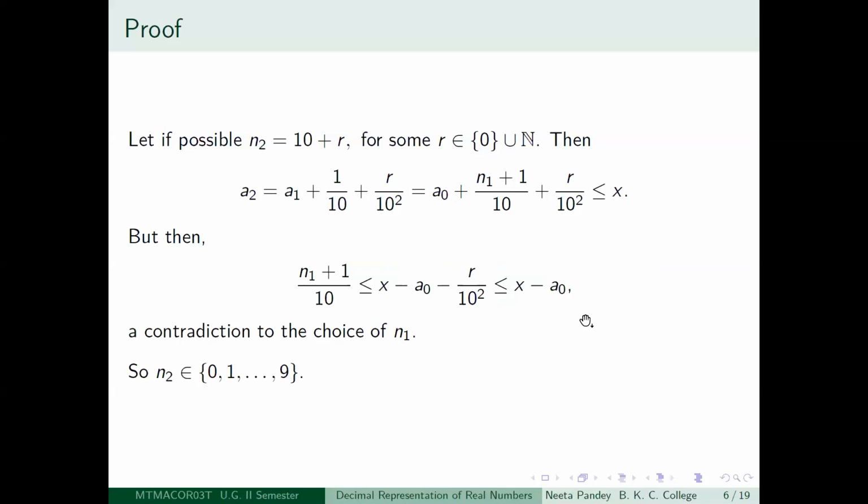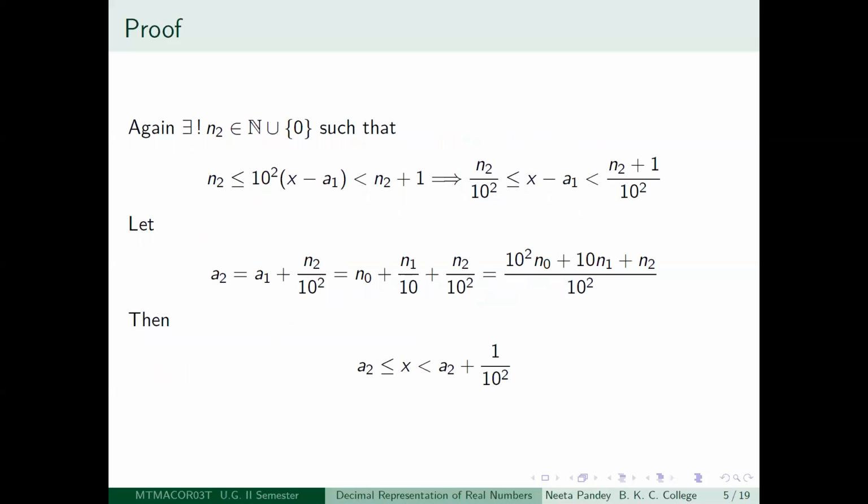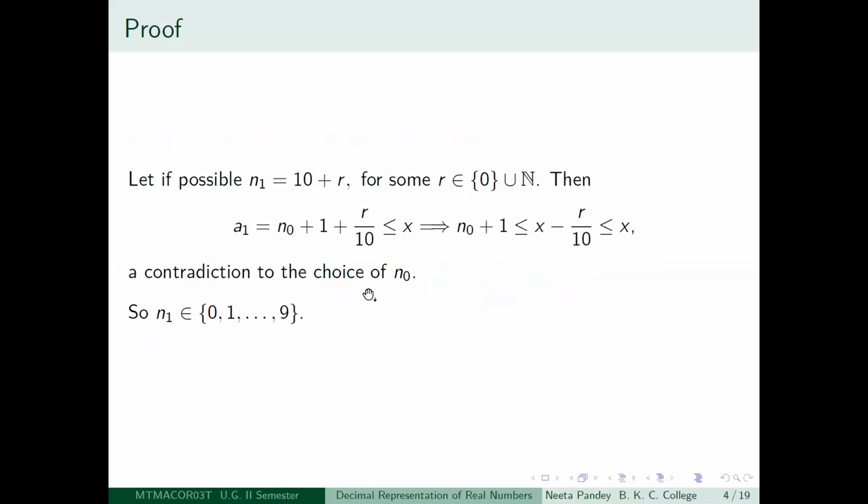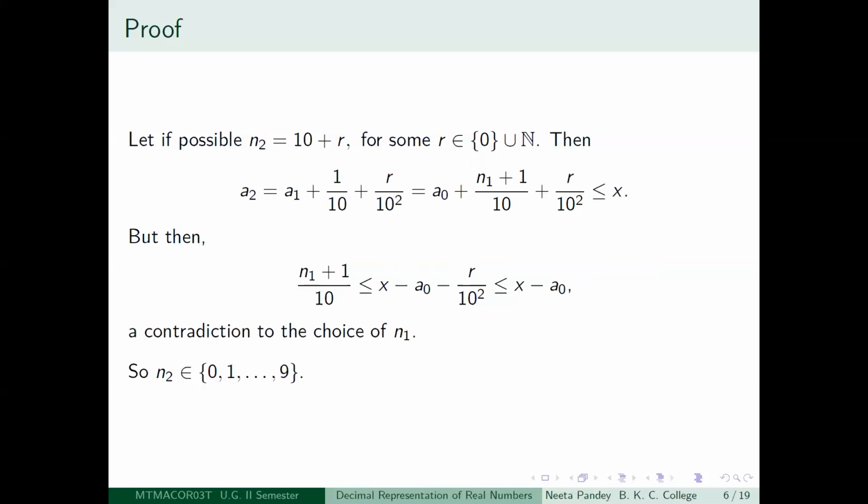So again, you have reached a contradiction to the choice of n1. Recall, what was your choice of n1? It was the number which satisfied the property that 10 times (x minus a0) is less than n1 plus 1. But if you assume that a2 is some integer of the form 10, 11, 12, etc., then you get that n1 plus 1 is less than or equal to 10 times (x minus a0).